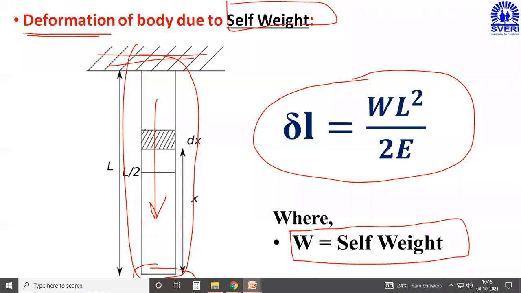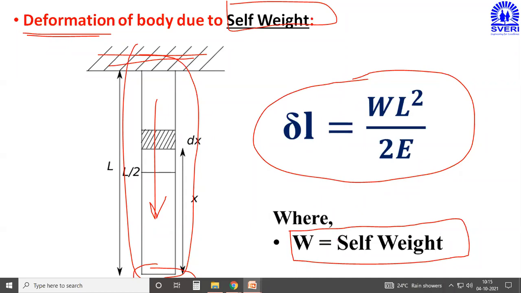And always in some applications, some heavy components or heavy parts are there. If such heavy parts are in hanging position, there is a possibility to shift their self weight in the downward direction, and also there is a possibility of deformation. So in such condition, how to calculate the deformation?